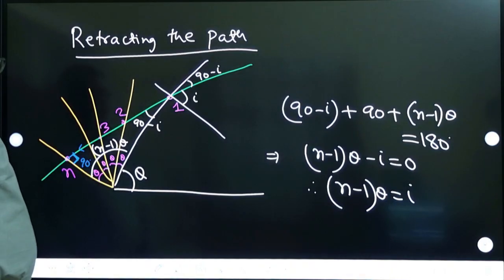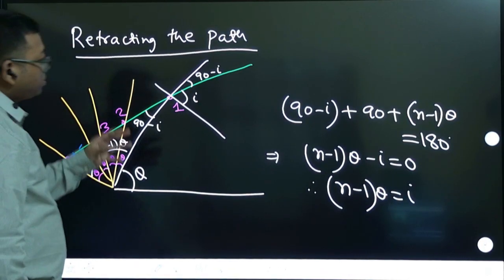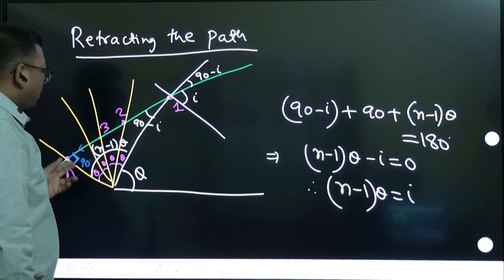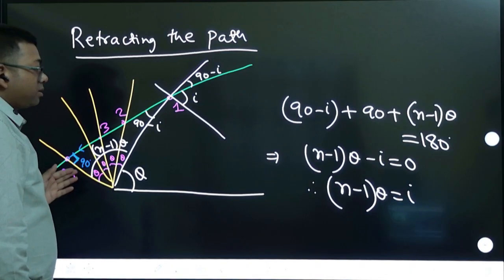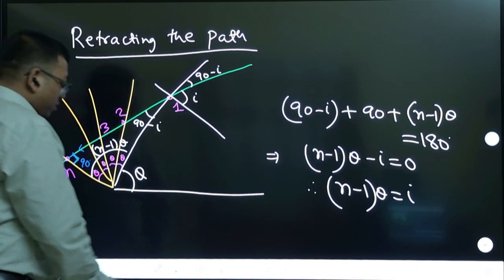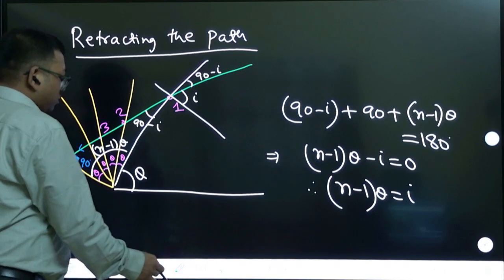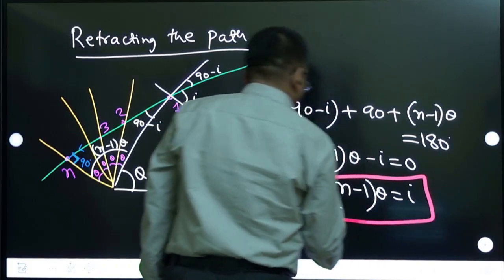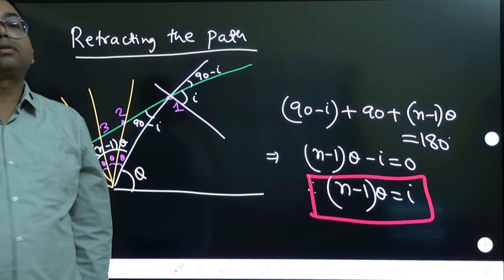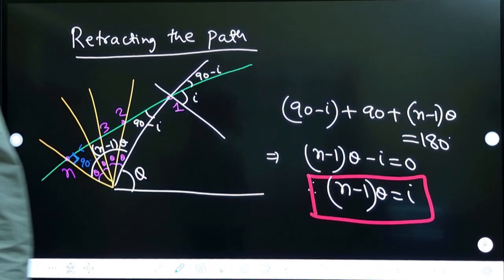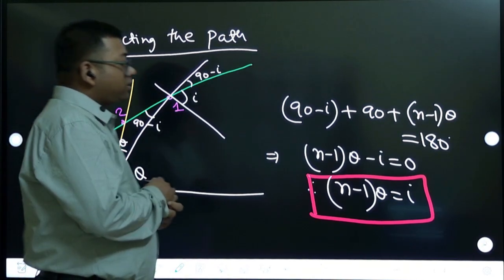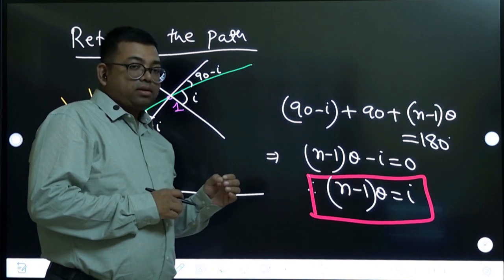Suppose they ask what this angle i should be so that after the second reflection, or after the third reflection, the ray retraces its path. This is the formula for this i. Very important conditions. They may ask that after the fourth reflection the ray retraces.